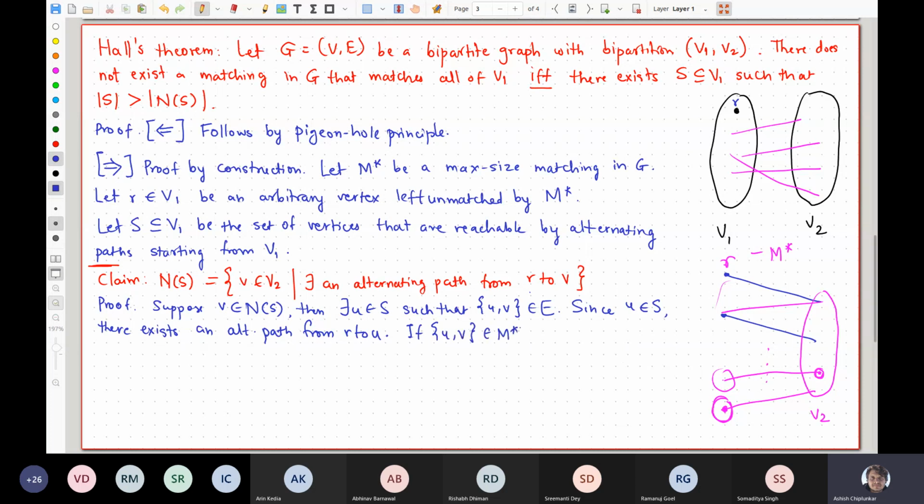Either this edge is in the matching M star or it is not. If it is in the matching M star, then what happens? What can you say about V? There is an alternating path from R to U and U is matched to V. What can you say about V?